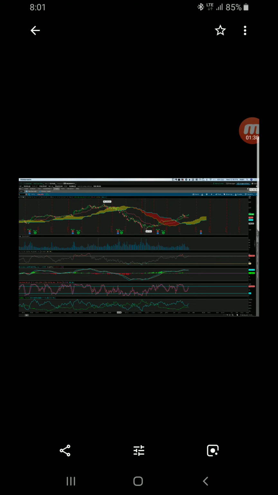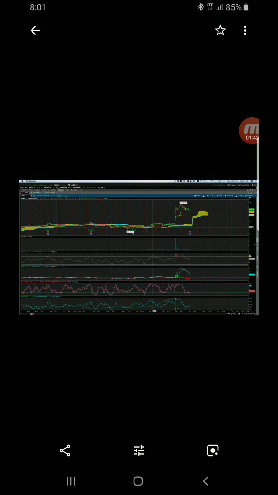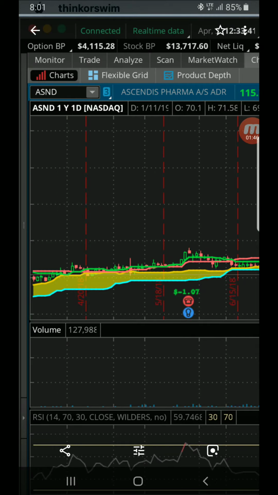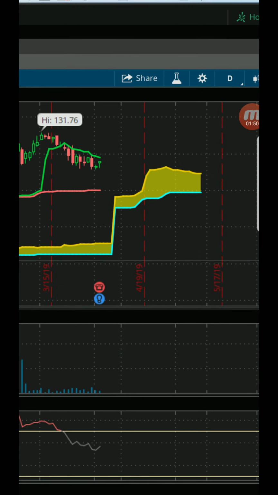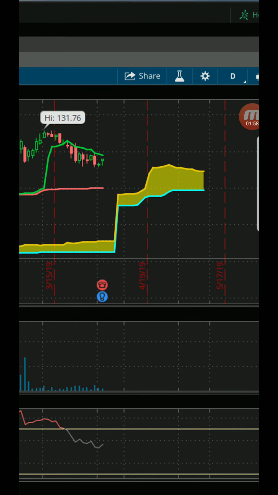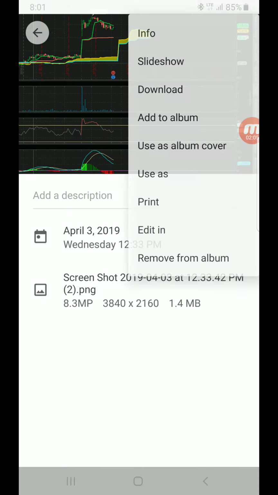So next, ASND. All right, so ASND. Now that's not a reliable bullish tenkan. See how it's trading below the tenkan span? We don't like that. That's not a strong enough indication.